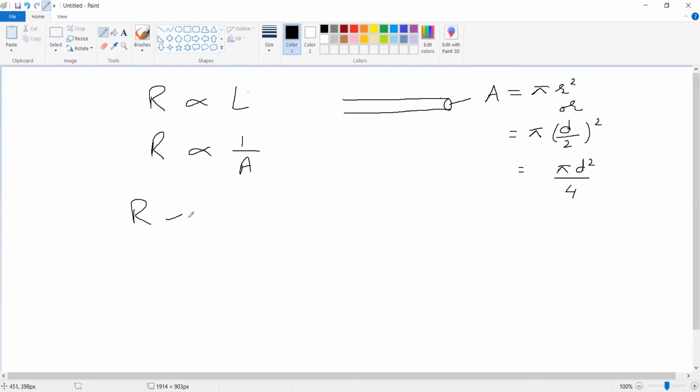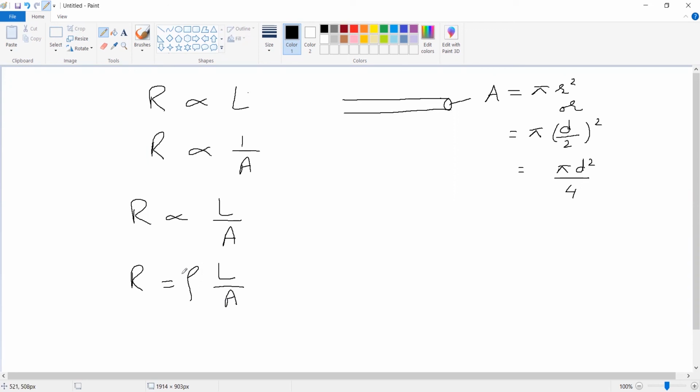If we combine these two relations, we can write L upon A. Instead of this proportionality sign, we write equal and we write a constant rho. This rho is the symbol of density, but in this case, it is not representing density. Rho, R-O-W, is the Greek notation which is used for density.